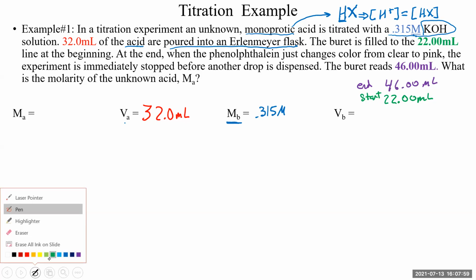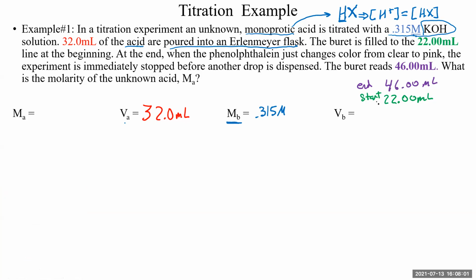That gives us what? Subtract. So take the difference. That means we used 24 milliliters of potassium hydroxide solution. It's not the 46, it's not the 22, it's the difference between them.